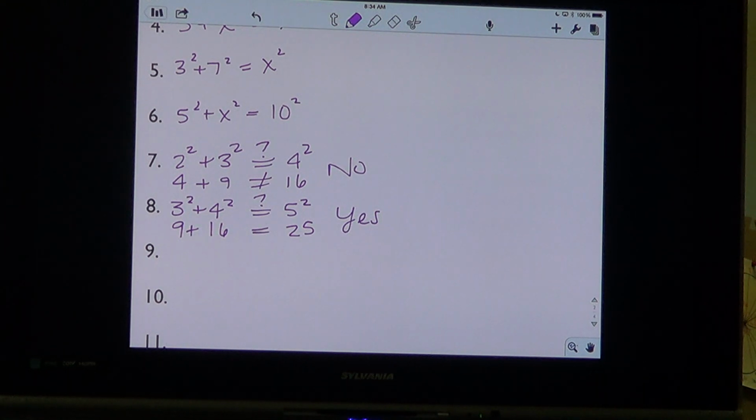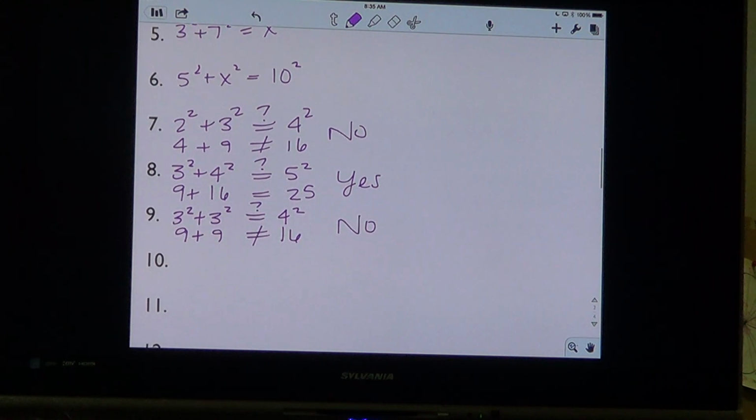9. How would we check that? 3 squared plus 3 squared equals 4 squared, which is 9 plus 9 equals 16. And that's no. 9 plus 9 does not equal 16. Nope.